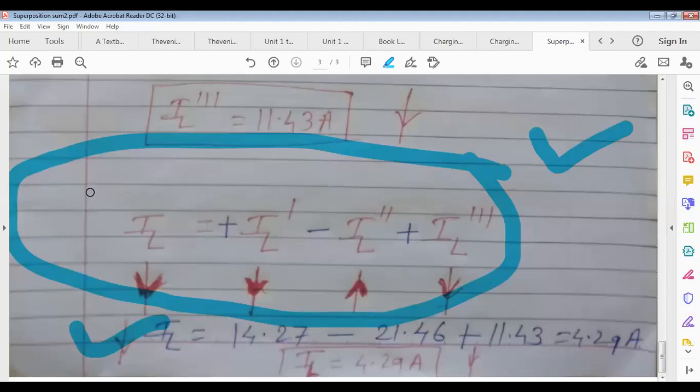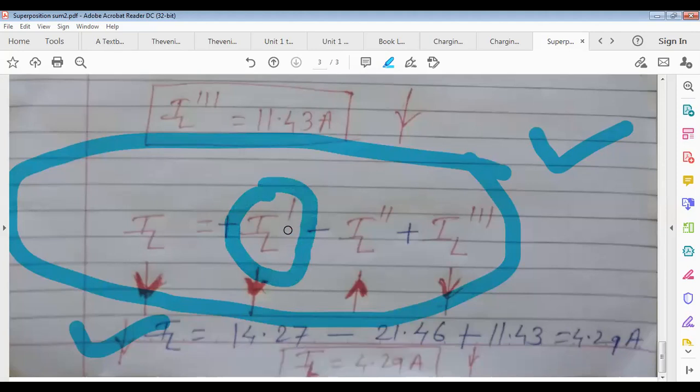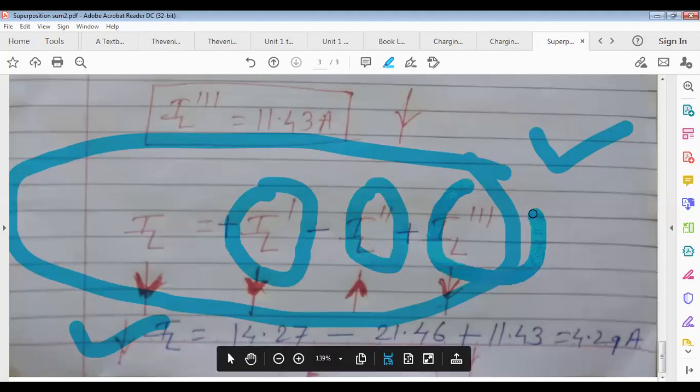So the complete one you will not get asked for 2 marks. The question will be like this: find out current flowing through load resistance 1 ohm considering 100-volt source at a time. Or find out current flowing through 1 ohm resistance with only 50-volt voltage source, or with only 40-volt voltage source.